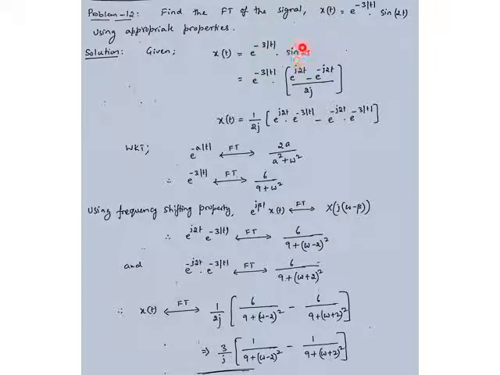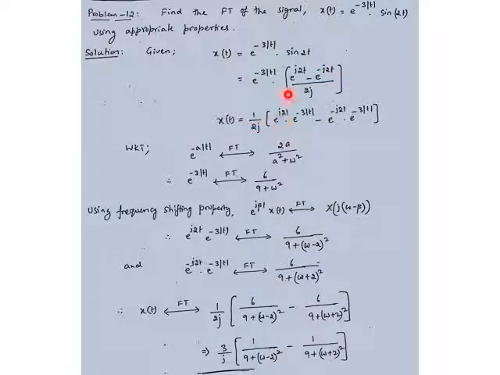So sine I'll represent in terms of exponentials. Sin θ I'll write as e to the power jθ minus e to the power minus jθ divided by 2j. Here θ is 2t, so e to the power j2t minus e to the power minus j2t divided by 2j, into the exponential term as it is, e to the power minus 3 with magnitude of t. Let me multiply it inside, with 1 by 2j outside.